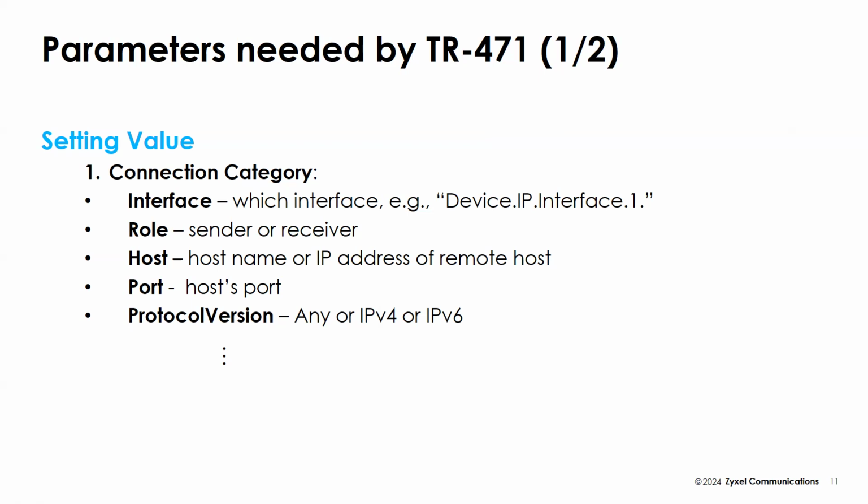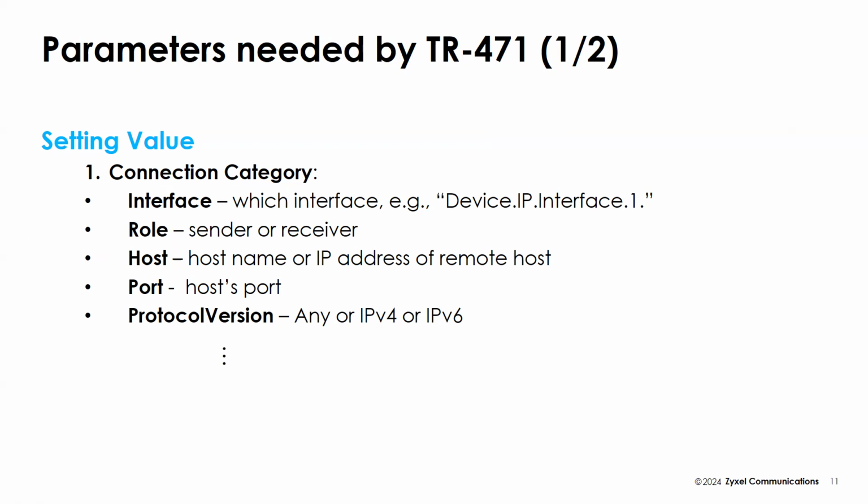And there are two categories of parameters. The first one is the connection category. For example, there are several parameters belonging to this category, such as the interface, which tells us the interface that will be used in the measurement test.